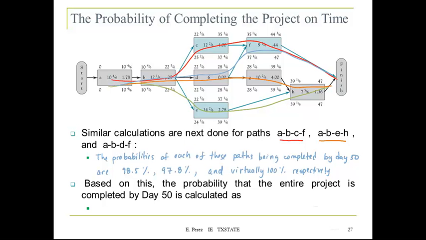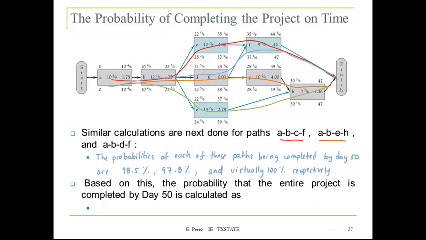Remember the example of the dice, 1/6, 1/6, multiplying to get the probability of both happening at the same time. So the probability of all of them happening at the same time is the multiplication of all of those probabilities.